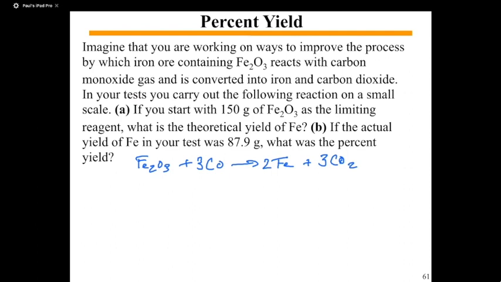We go from how many grams of iron 3 oxide will produce how many grams of iron. Because we want to find out, starting with one of the reagents as the limiting, what is the theoretical yield? How much iron could you make on a piece of paper if everything was perfect?